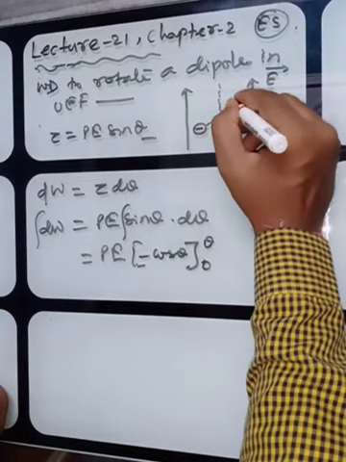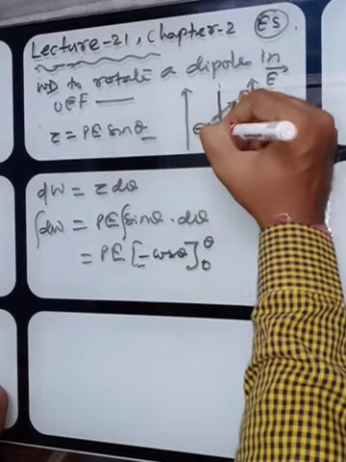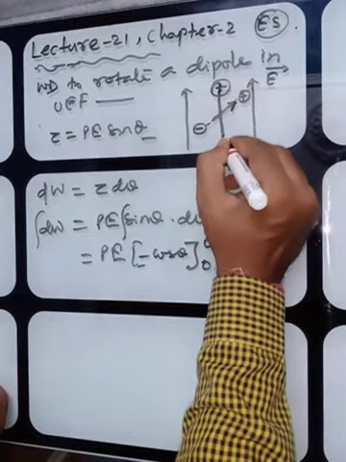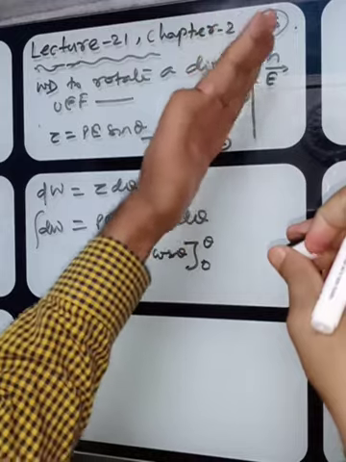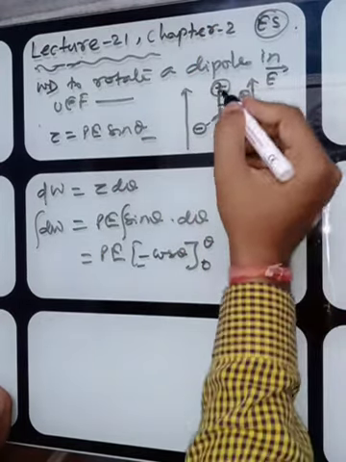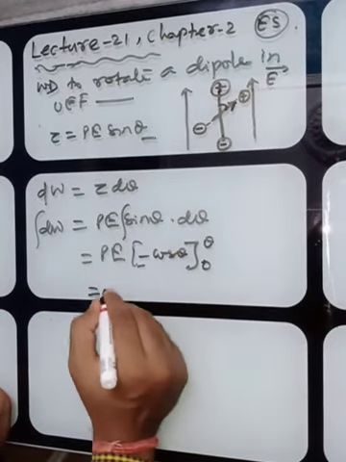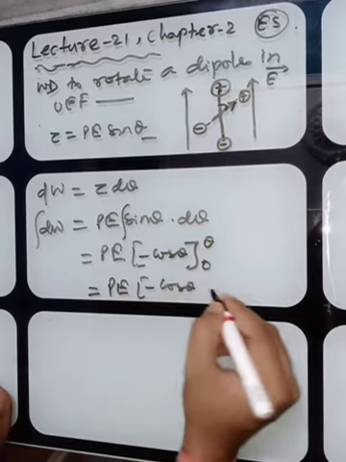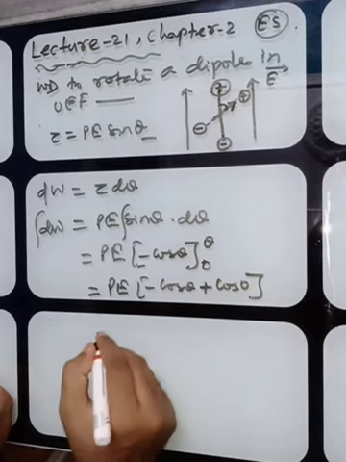This is the dipole moment. If you leave this dipole, it will move in this direction, plus will align here and minus will align here. It means you have to do work to rotate this dipole in this way. So if you rotate by theta, from 0 to theta, this will be pE times minus cos theta, and minus minus plus cos 0.